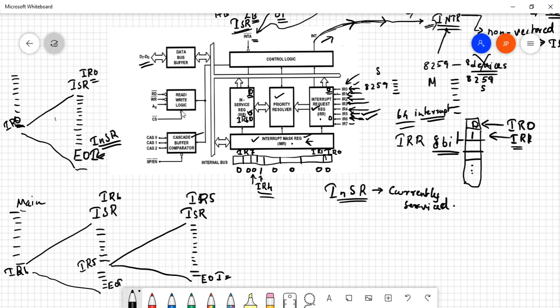Now you have a read write logic block. Here you can see there is a read signal and write signal, and you have your A0. A0 will also be discussed while discussing the initialization control words. CS bar is chip select. Chip select is for selecting this particular chip. So we'll have a particular address circuit which can select this particular chip whenever you want to write information into this device and when you want to read the information, right? So you need to select this particular chip, so you can connect the address circuit, the address at which you will be connecting the device.